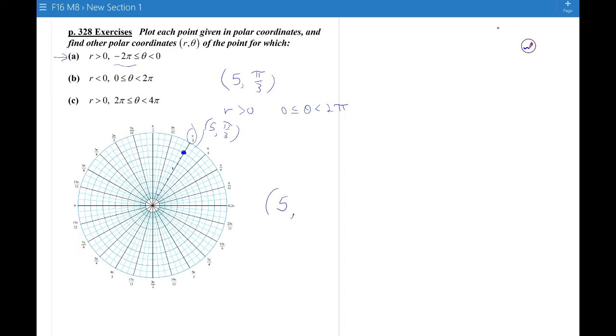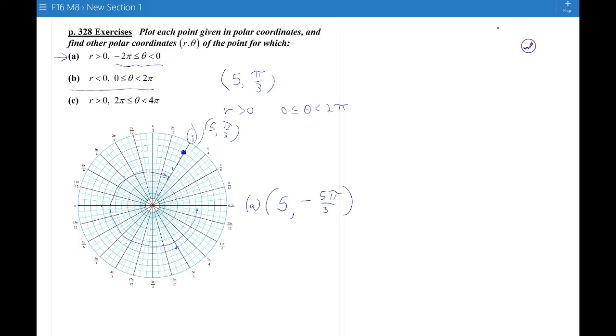But now we want to say, what's the name of this angle in negative if we get to it going this way? So if we count by pi over 3s, we have 1/3, 2/3, 3/3, 4/3, 5/3 in the negative direction. So (5, -5 pi over 3) is how you write it with r positive and theta negative.